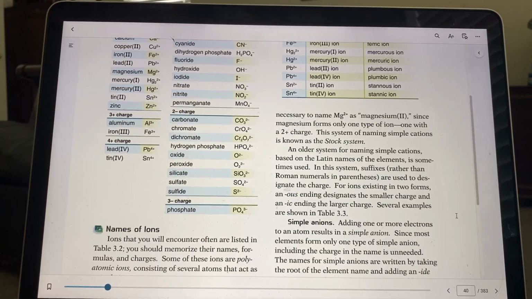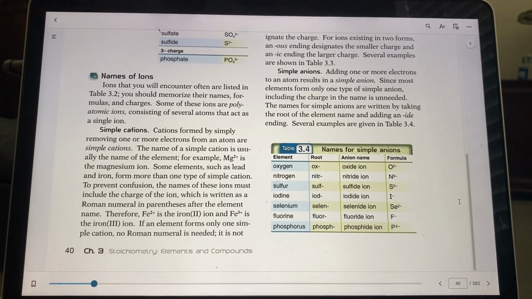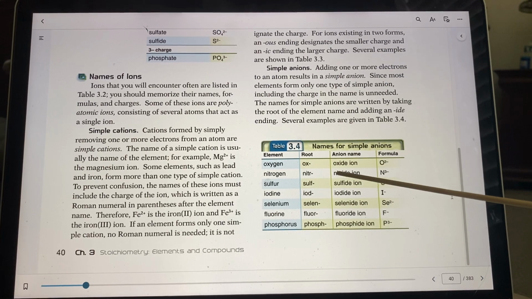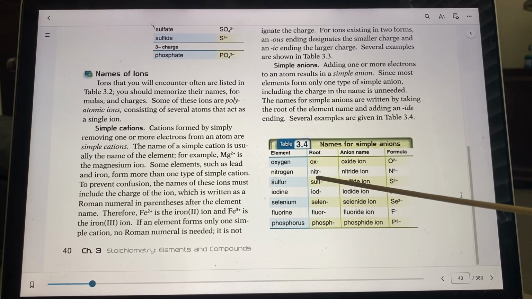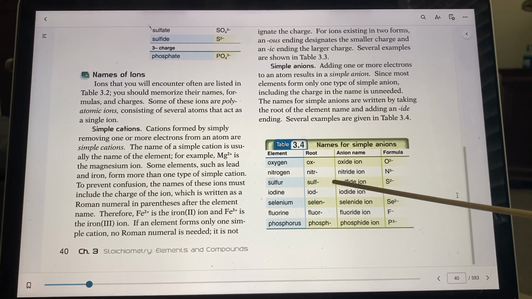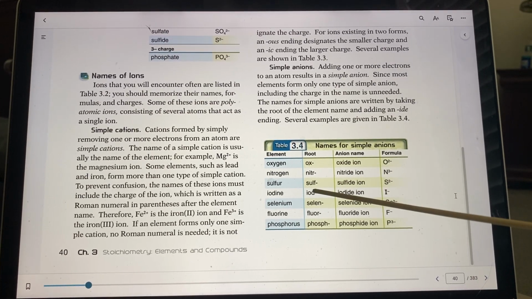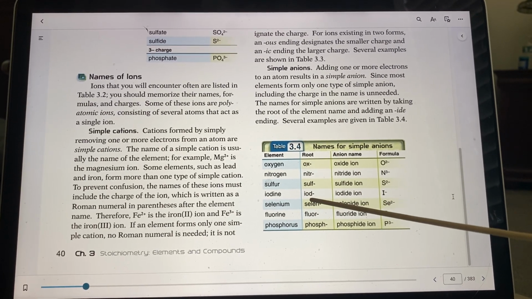Okay, this table down here at the bottom, there we go. So here are the names for simple ions. Oxygen would be the oxide ion, and nitrogen would be the nitride ion. Sulfur would be sulfide.